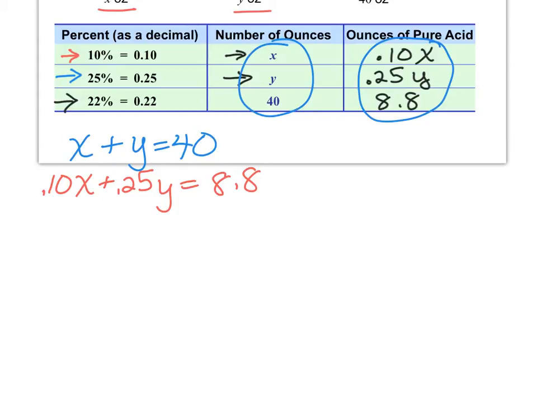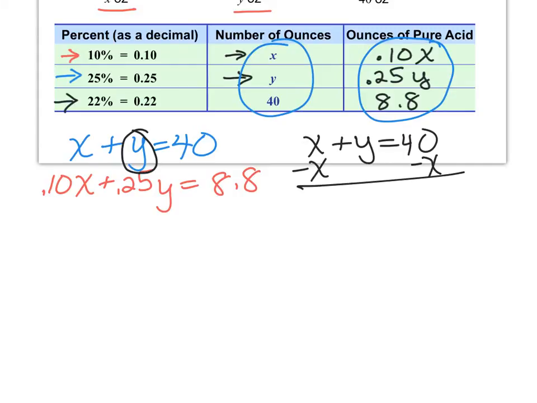We can take one of the original equations and solve for one of the variables. What I'll do is I'll take the first equation and solve it for y. So if I know x plus y is equal to 40, and I subtract x from both sides of the equation, then my equation is y equals 40 minus x, or negative x plus 40.